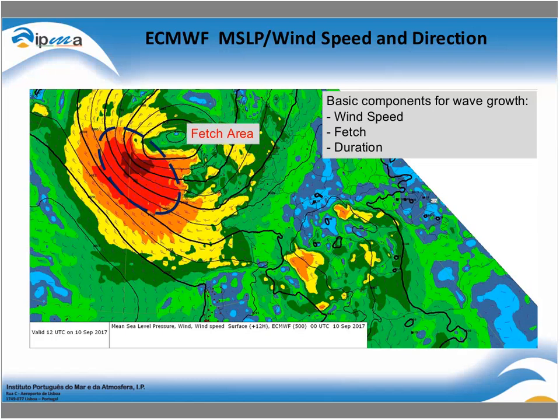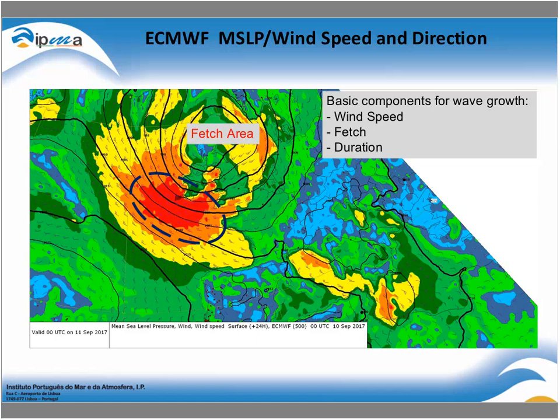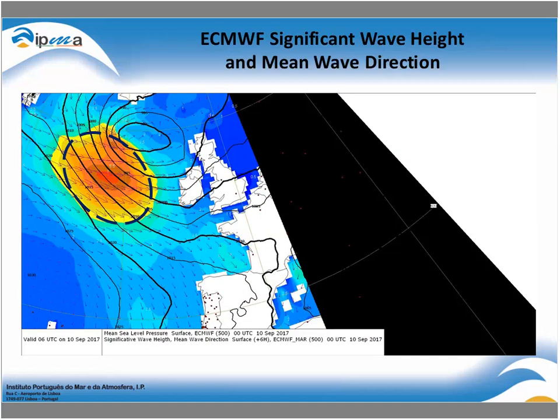So at 12 UTC, the fetch area is moving to the southeast with the winds increasing always, but here with strong gale, and then approaching the British Isles and the Bay of Biscay. The winds are not so strong, but they'll affect the Bay of Biscay.